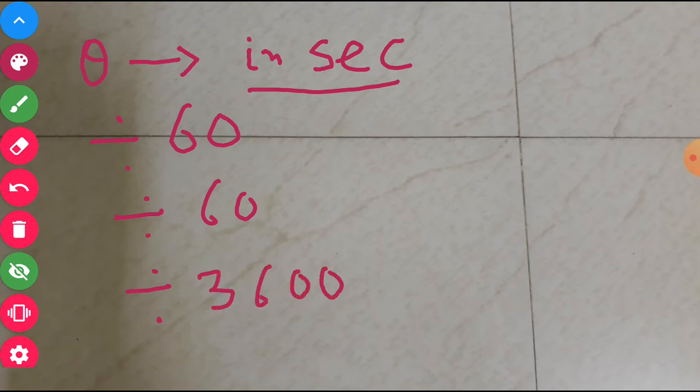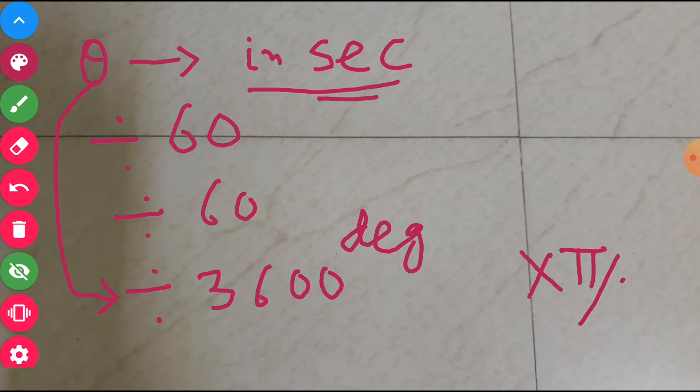3600. Is that clear? You are dividing this theta by 3600, and then you are converting these seconds into degree. Whatever answer you get has to be multiplied by pi upon 180.